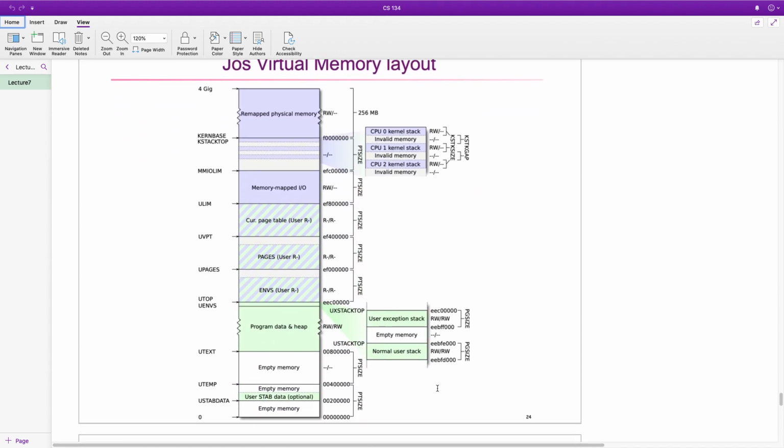All right, the JOS virtual memory layout. This is just a useful, nice looking diagram. Some things to note, and this is going to be relevant soonish. We support multiple CPUs, and each one has its own kernel stack. So we don't have a stack per process.